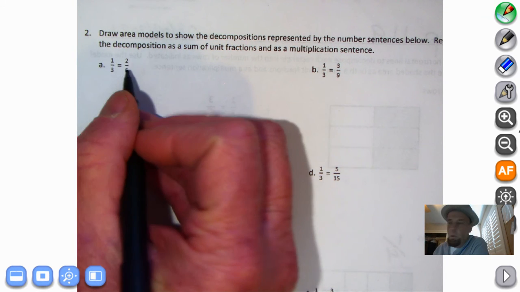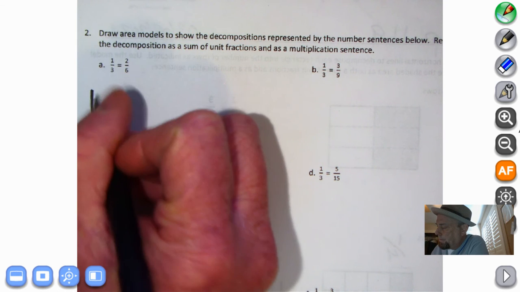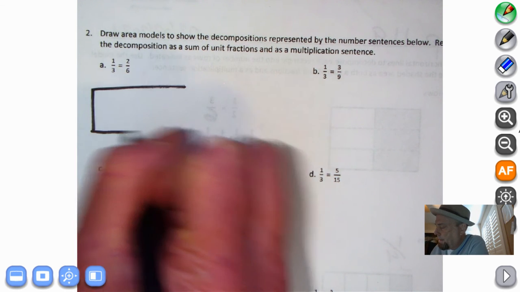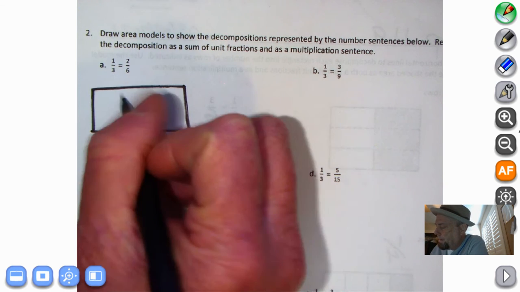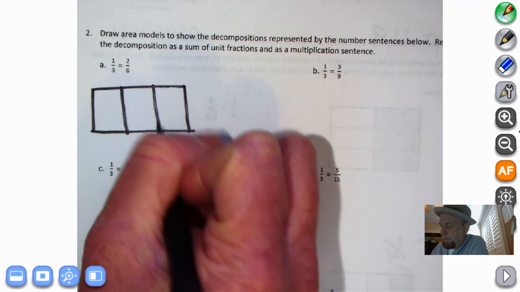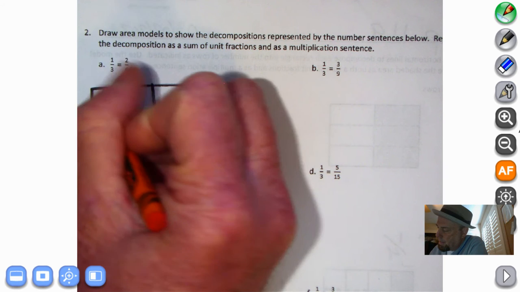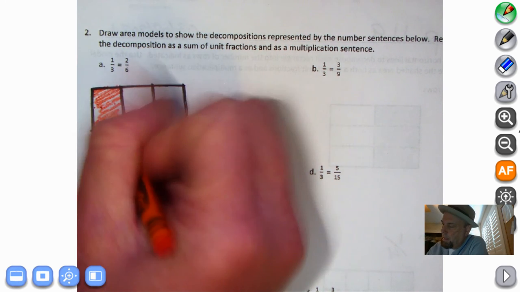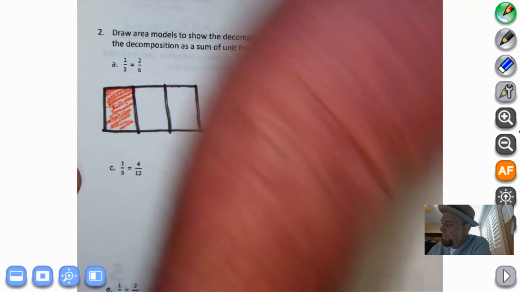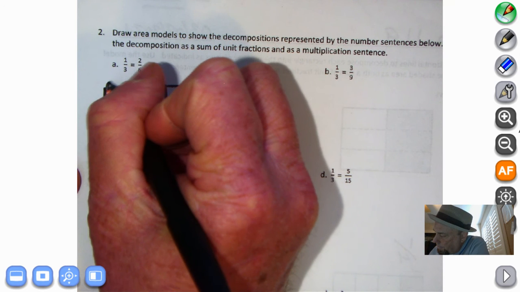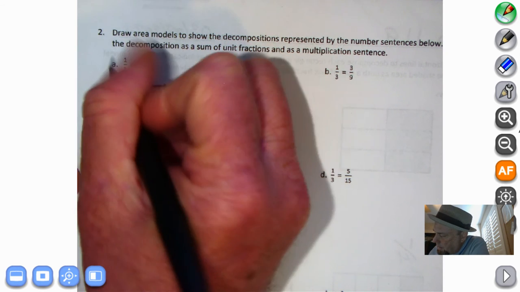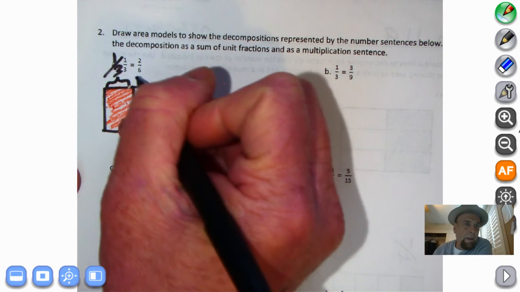We have to make 1/3, okay? So let's make 1/3. So there we have it, 1/3, right? We'll bracket this one up. And we're trying to get an equivalent of 2/6.